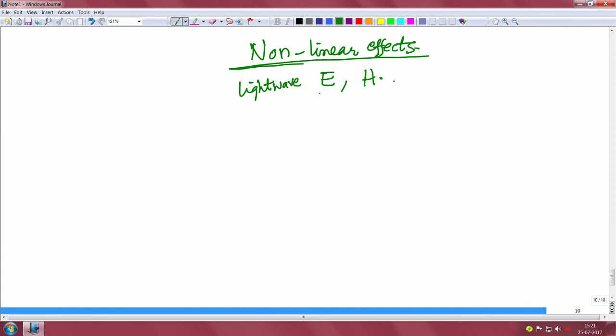So, if the intensity is sufficient, this could have a very dominant effect on the properties of the medium, and this is called nonlinear effects. Essentially depending on the E and H fields of the light wave.